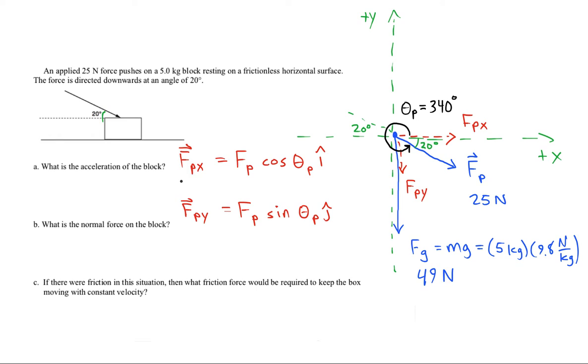So now let's go ahead and fill those in. We got 25 newtons cosine 340 in the i direction. It's 23.5 newtons.